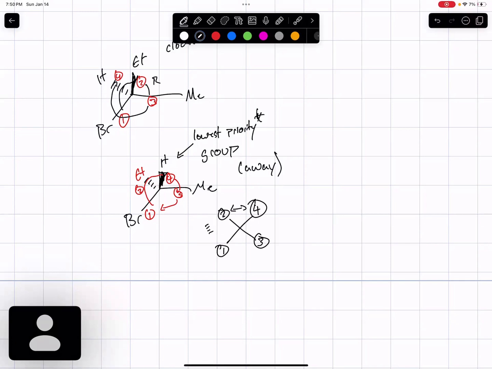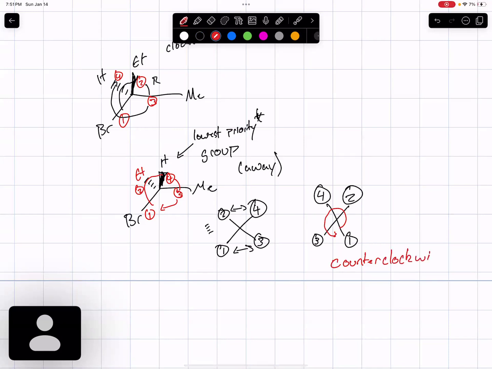But if I switch 2 and 4, I have to then switch 1 and 3, because I have to conserve the original configuration. So this is 3 now, and this is 1. If we view it this way, this is counterclockwise. This would be S.